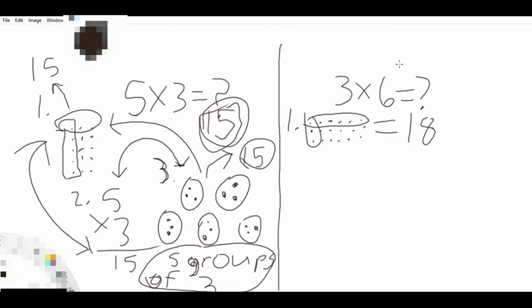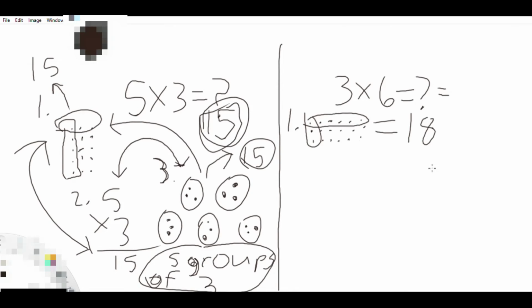Before we solve this question mark, we should also do the other strategies, other ways to solve it, in order to prove it.